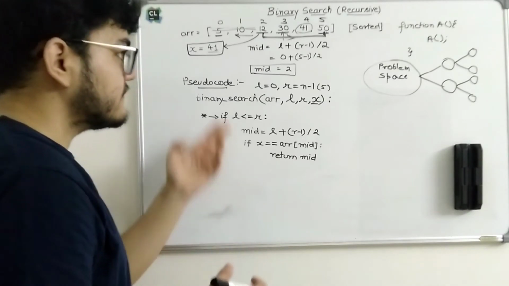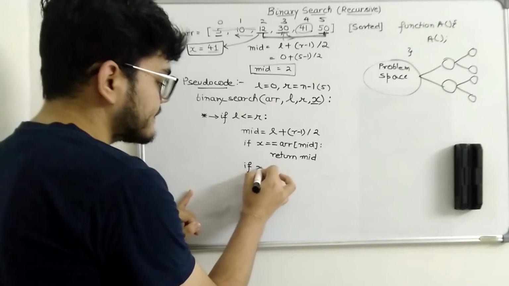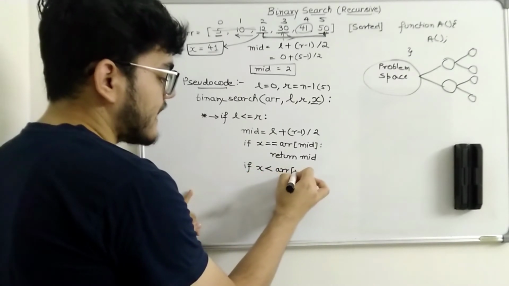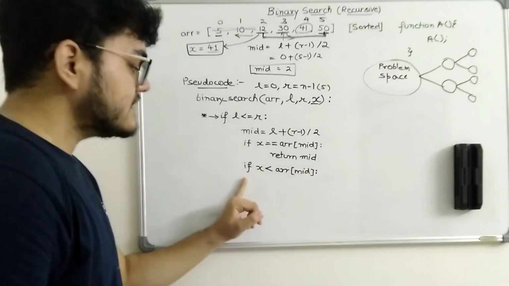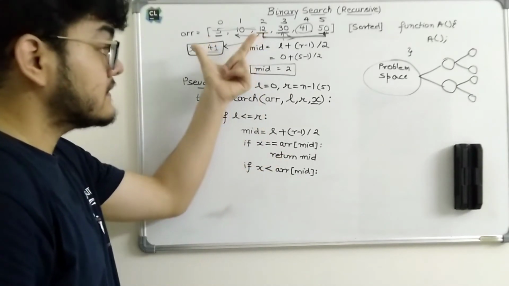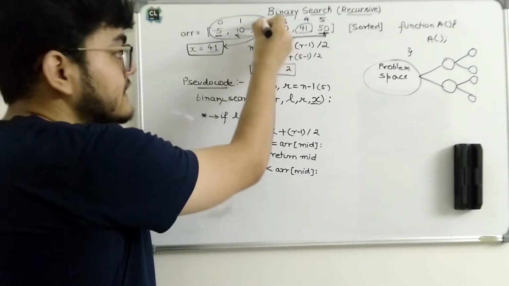Now what will happen if the value of x is less than the value at the middle position? You can see that if the value of x is less than the array mid position, then it means that it is going to lie in this part of the array.